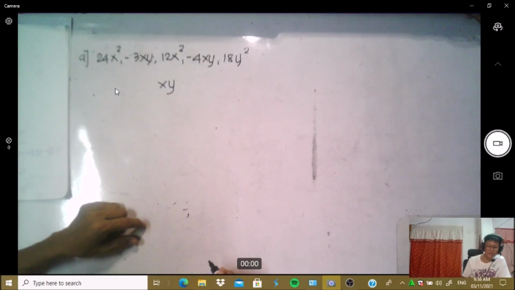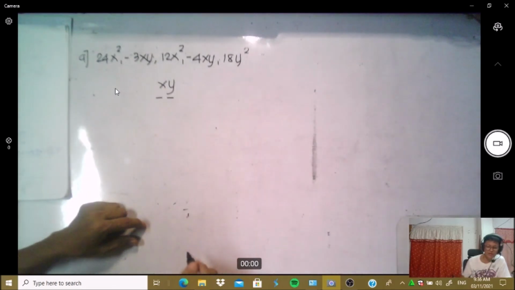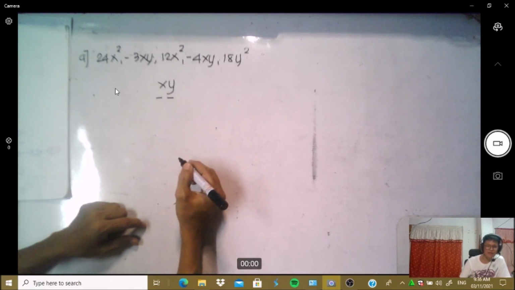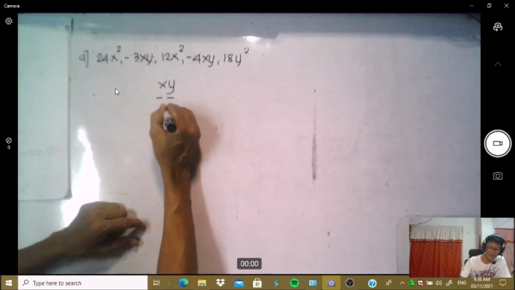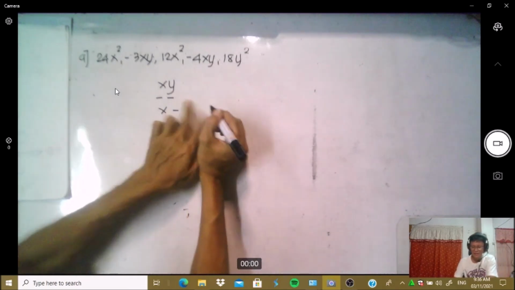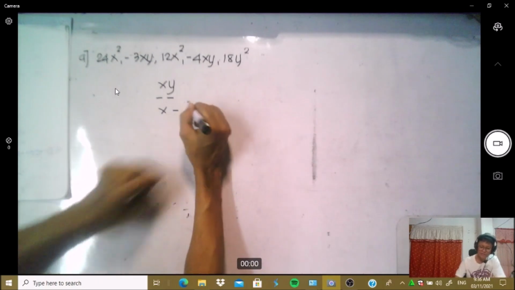When we involve two variables, we have to follow the method that our variables must be arranged alphabetically. The first variable of this term is x, so this is our first variable.